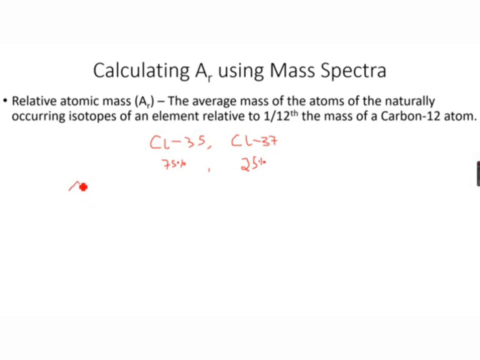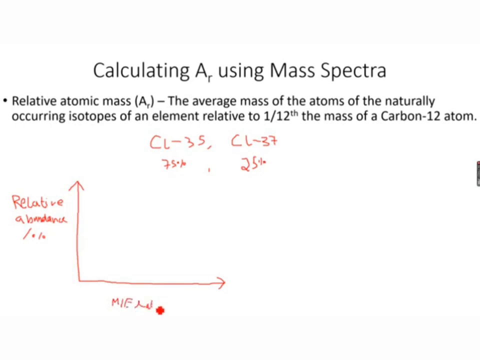So if I had to draw a graph, this is the relative abundance, measured in percentage, and this is the mass to charge, or m/e ratio.